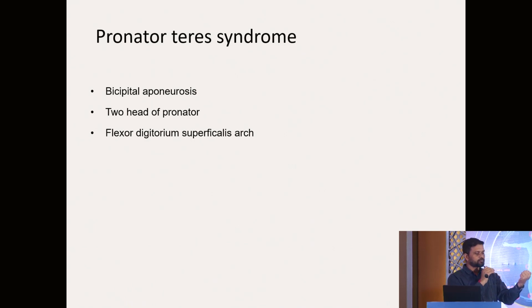If there is provocation of the same symptoms, pain, tingling, numbness, you can think of impingement at the bicipital aponeurosis. For the two heads of pronator, with the elbow straight in extension, do resisted pronation; if symptoms are generated, think of entrapment at the pronator site. For the FDS, test the middle finger flexion.